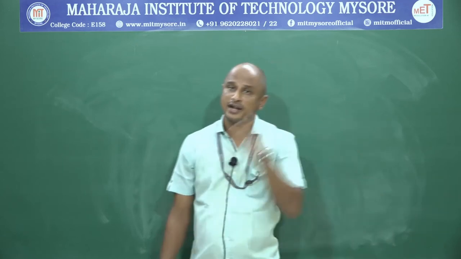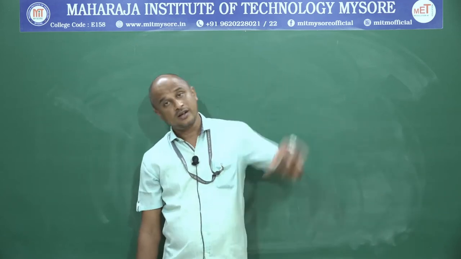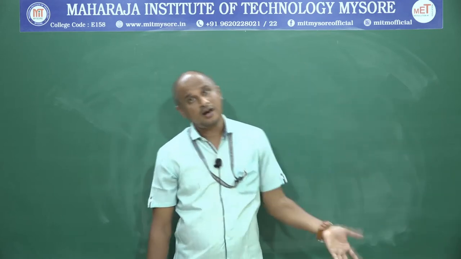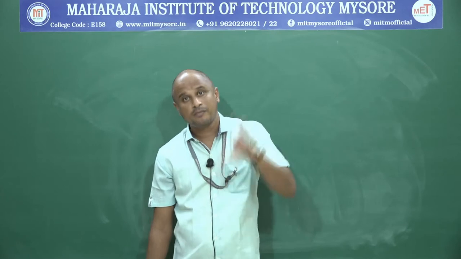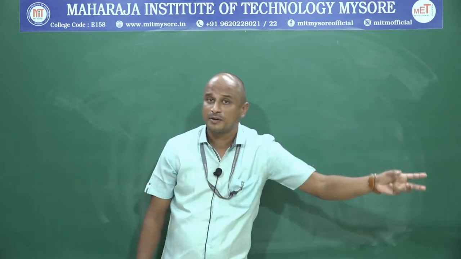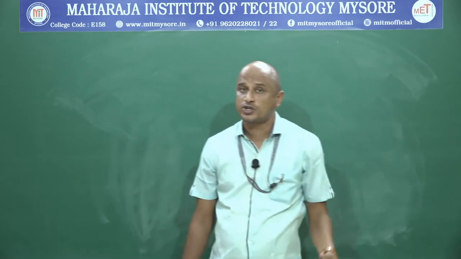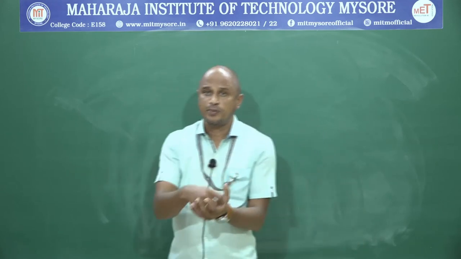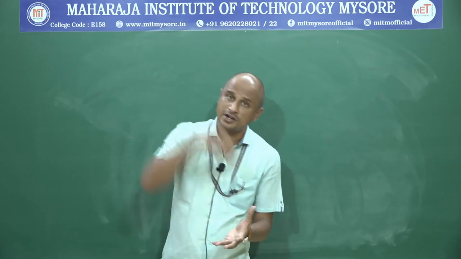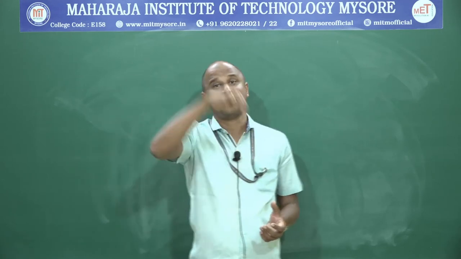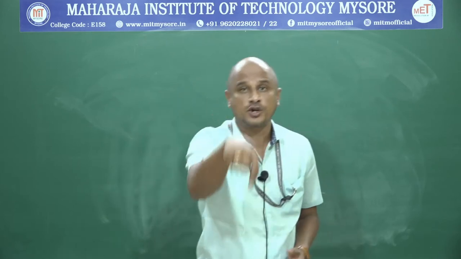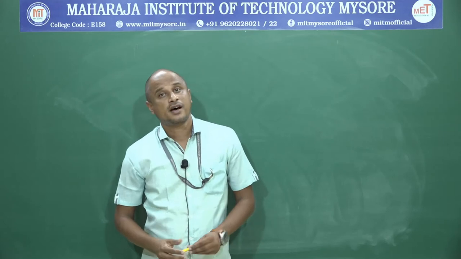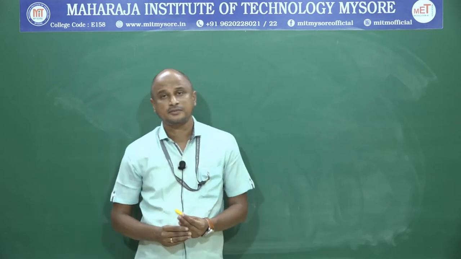Then the referential integrity constraint, where a tuple of an attribute of relation R1 refers to the primary key, that is, refers to an existing tuple of relation R2. That is called the referential integrity constraint.